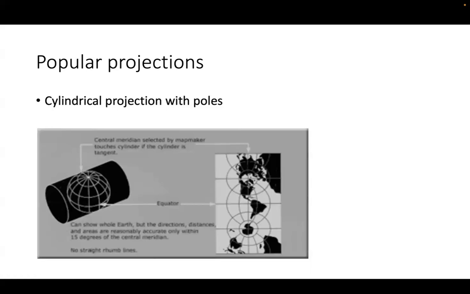The key question is, this cylindrical projection is good for the poles or for the equatorial areas. But if you want to draw the map of areas like Europe and so on, both of these cylindrical projections may not be good.